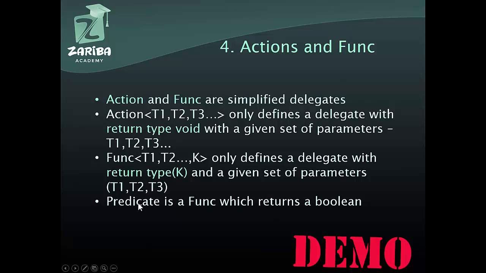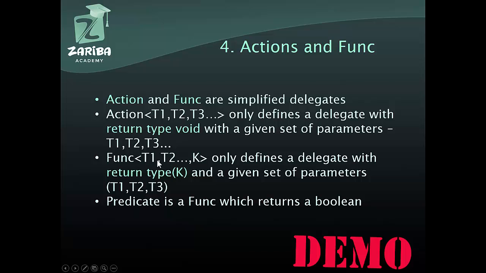Okay, a predicate, which is something that you would never use and see ever again after this slide, is a func which returns a boolean. So where do I have to put this bool? If I define a func and I want it to be a predicate, the last one.